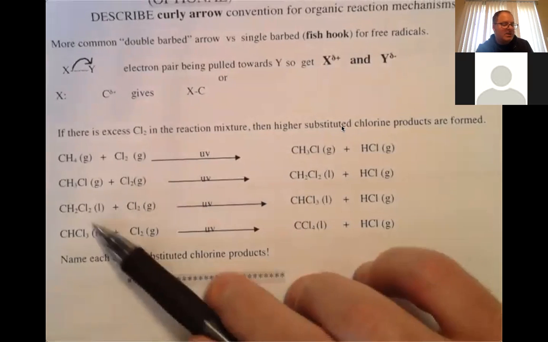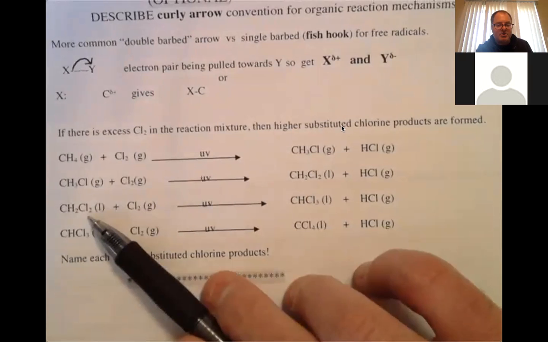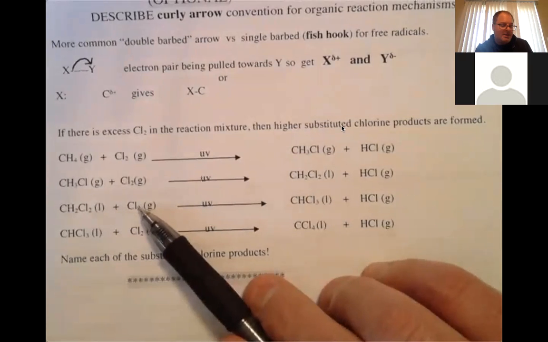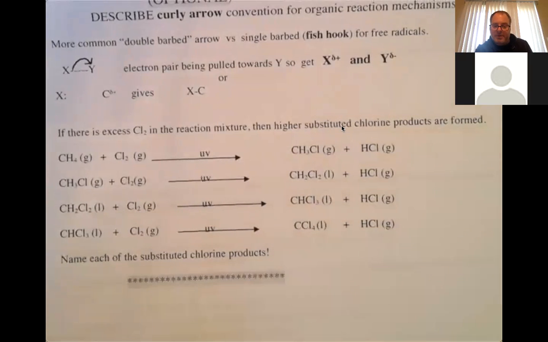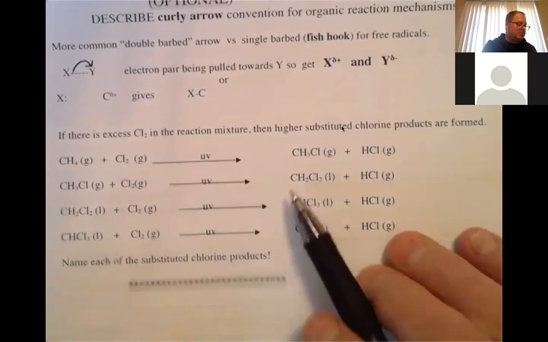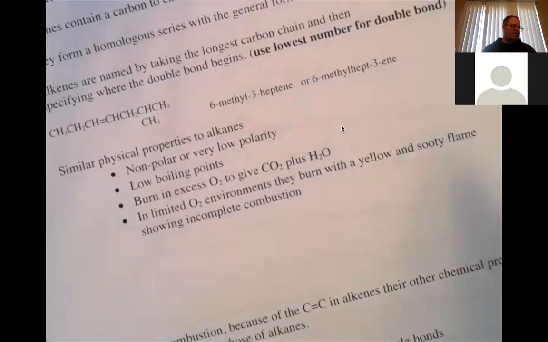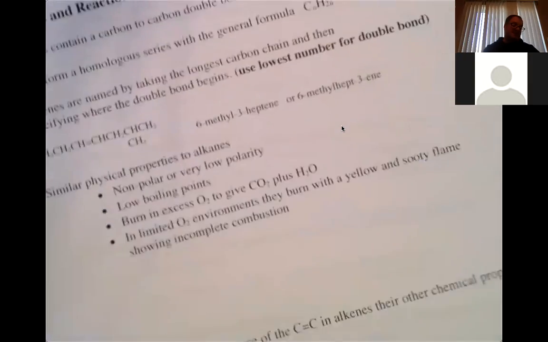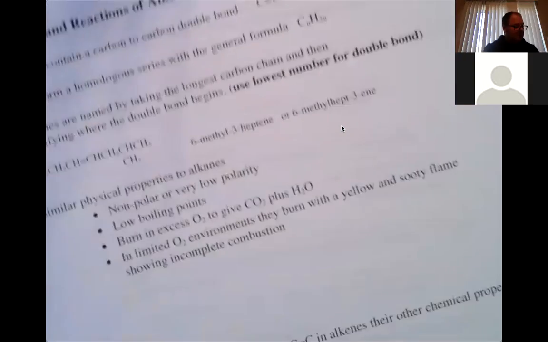And keep in mind, each time all we're doing is pulling off one of the hydrogens with one of the radicals, and then we're replacing the hydrogen with the other radical, or with actually the chlorine from the Cl2.